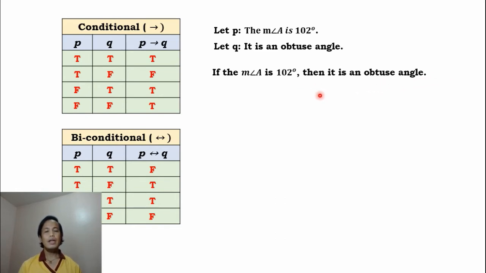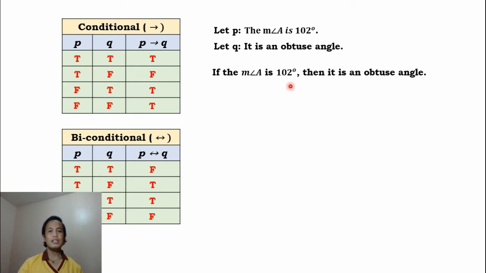If we are going to analyze and determine the truth value of this statement, our P is that the measure of angle A is 102 degrees, and our Q is that it is an obtuse angle. Now, if we assume that the measure of angle A is really 102 degrees, then our second statement, an obtuse angle, is a true statement, because the definition of an obtuse angle is angles that measure greater than 90 degrees.